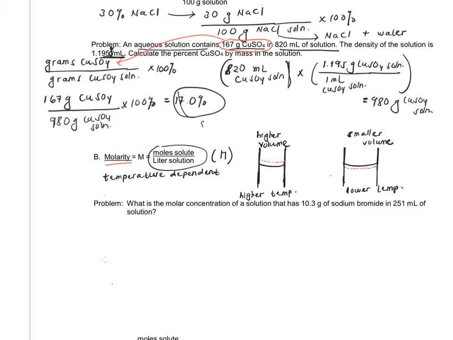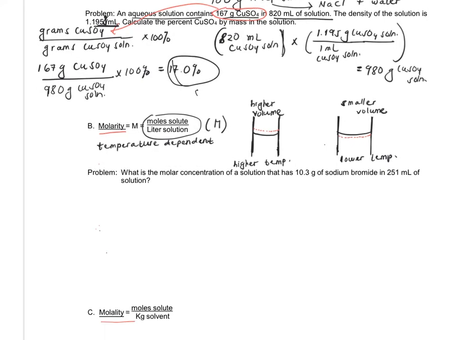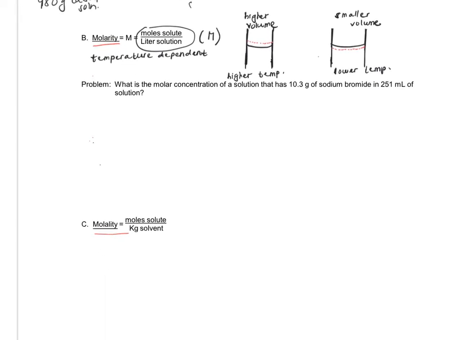Let's go ahead and apply this to another problem. In this problem, we're asked to get the molar concentration of a solution of sodium bromide, given that we have 10.3 grams of sodium bromide and 251 mLs of solution. So let's write out our formula. We have moles of sodium bromide over the liters of sodium bromide solution, and that will give us our molarity.